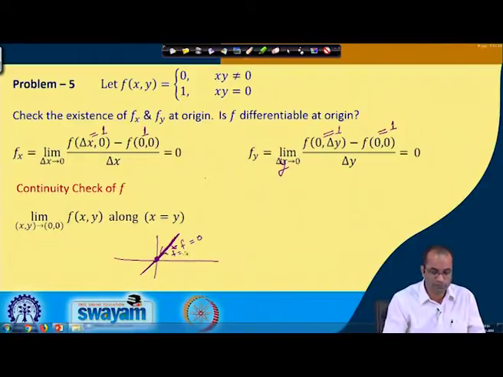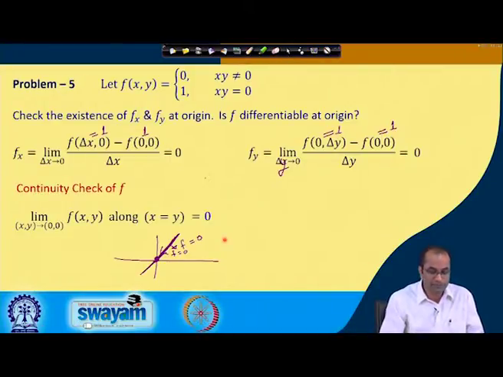Whatever close we are to the origin, the function will take the value 0, only at the origin it is 1. So there is a point of discontinuity here. The limit along x equal to y is 0, whereas the value of this function at the origin is 1.